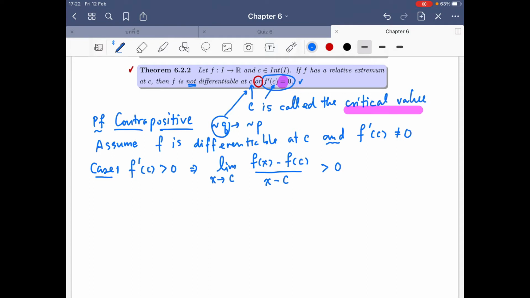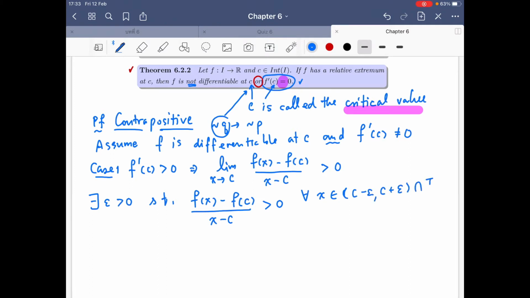So if this limit is positive, then by the theorem in chapter 5, you can find an epsilon neighborhood of c so that the quotient (f(x) - f(c)) over (x - c) is greater than 0 for all x inside this epsilon neighborhood around the point c, but of course it must be in the domain I as well.